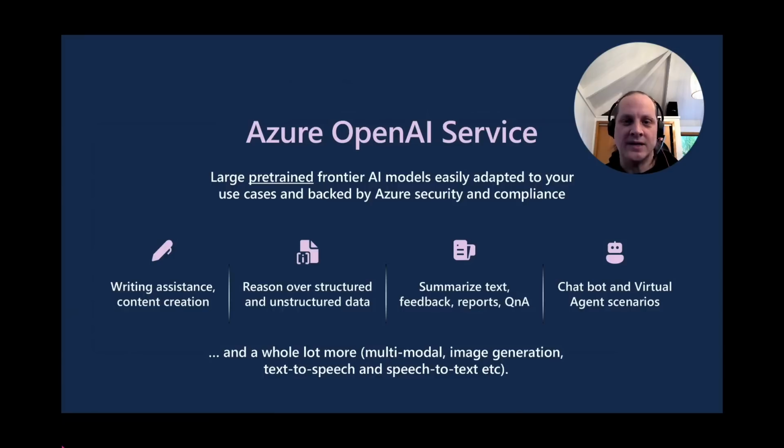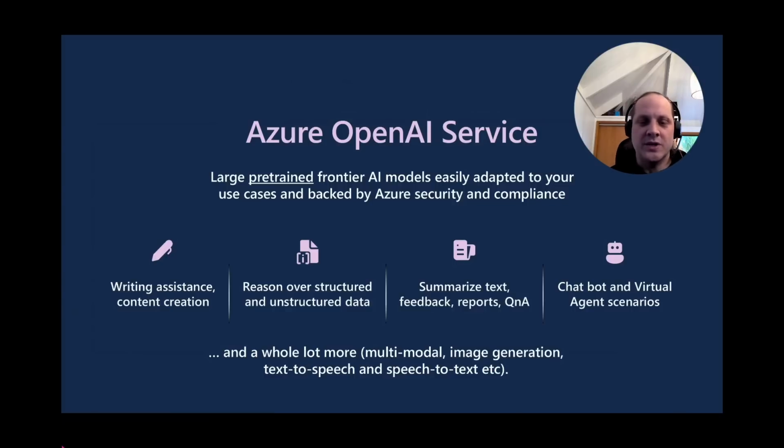It is backed by all the Azure security, monitoring, compliance, etc. that comes with Azure. It is the exact same models as OpenAI, the same model weights, the same code, but it is just running inside of Azure and has all these additional governance and Azure practices wrapped around them.